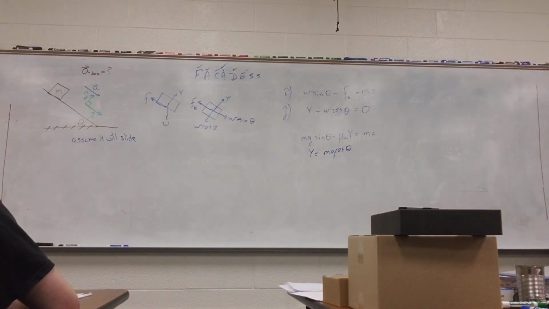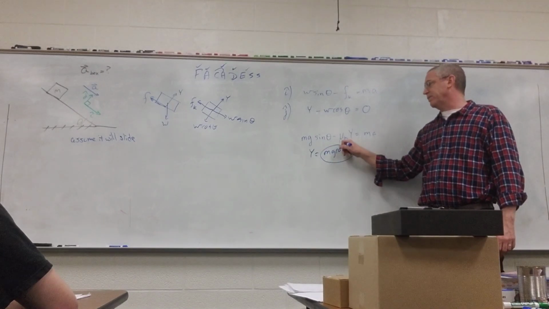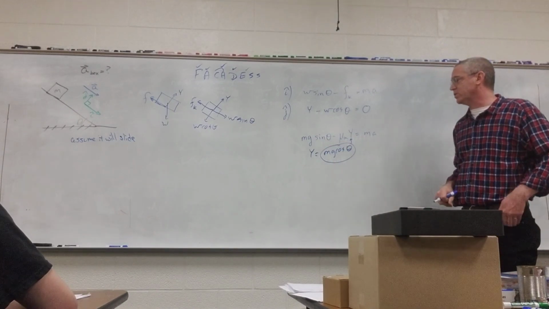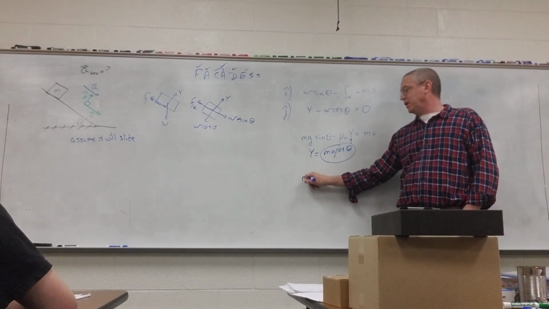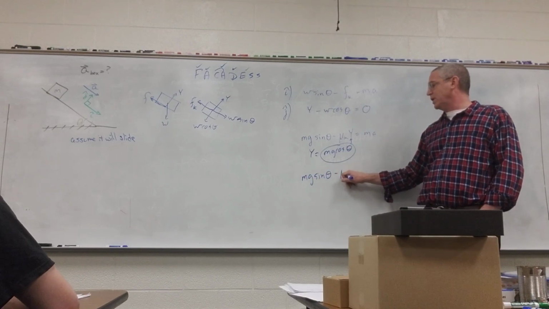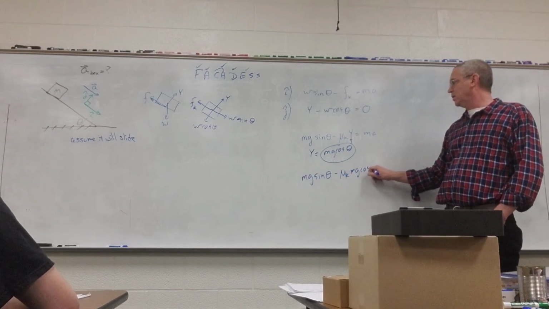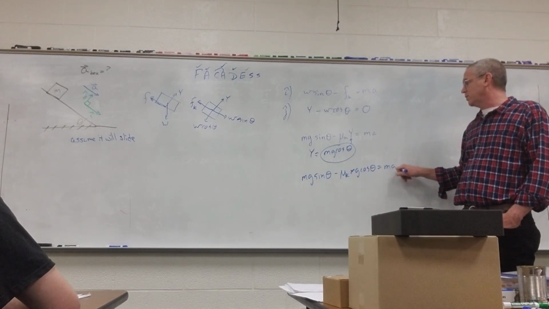We're solving for acceleration here. Normal force does play a factor here, so we have this plugging in for the normal force. So we now have mg sine theta minus mu K mg cosine theta is equal to mass times acceleration.